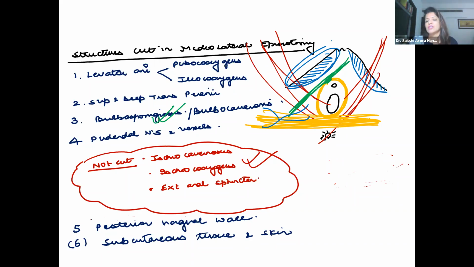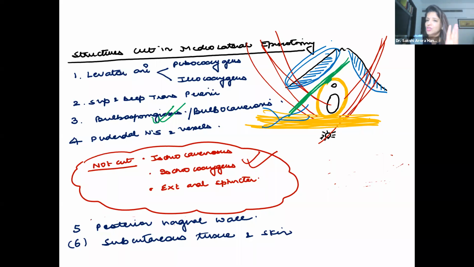This blue colored muscle which I have drawn is ischiocavernosus muscle. So remember, the two muscles whose name begins with ischio are not cut. Ischiocavernosus is not cut, and ischio-coccygeus is not cut when you give a mediolateral episiotomy. Obviously, external anal sphincter is not cut when you give an episiotomy, right?